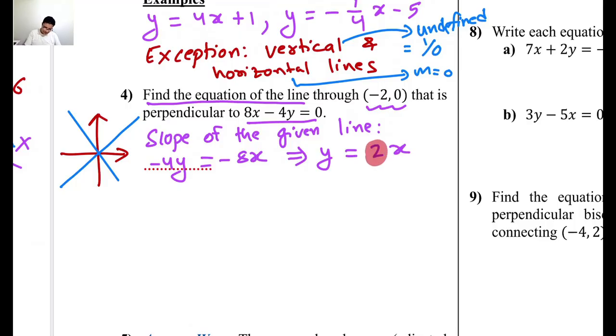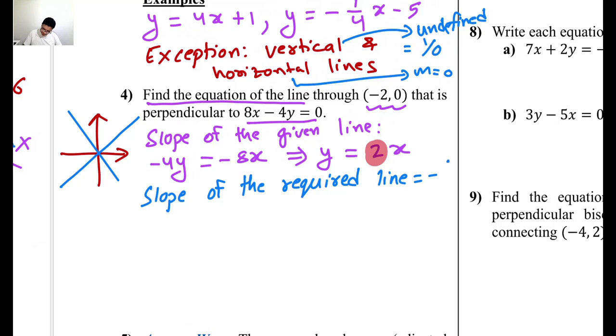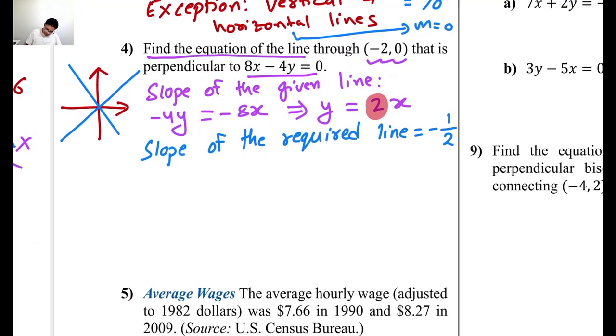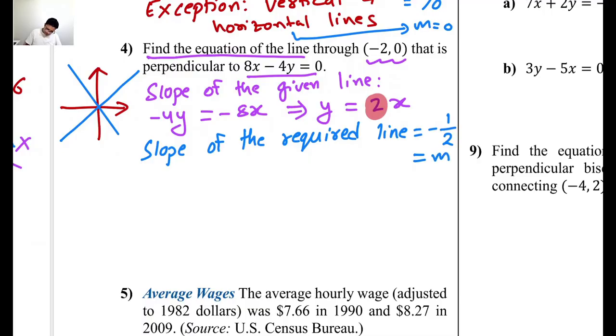The slope is 2, and because the slope is 2, the slope of the required line, that is the given line, the slope of the required line will be the negative reciprocal, right? So now the slope m is negative half, and the point x1, y1 given to you is negative 2, 0.